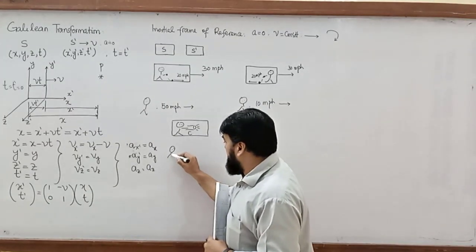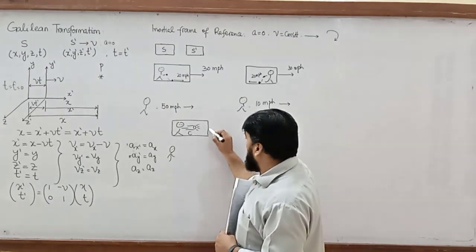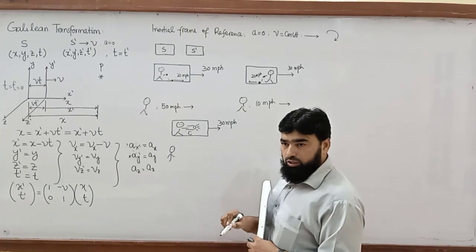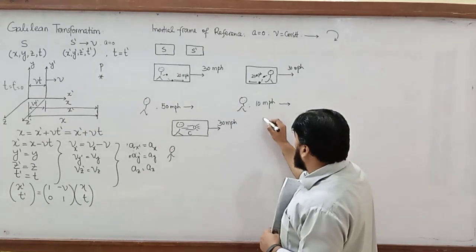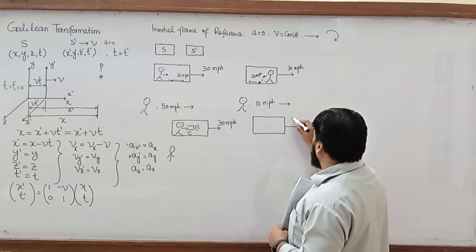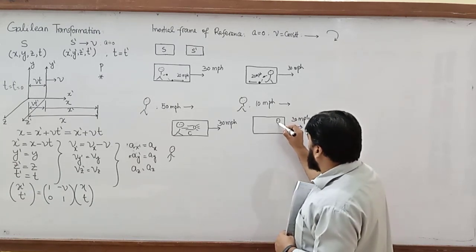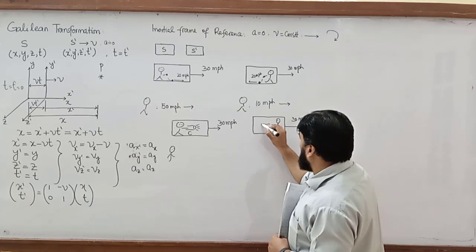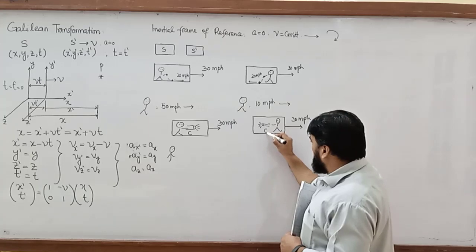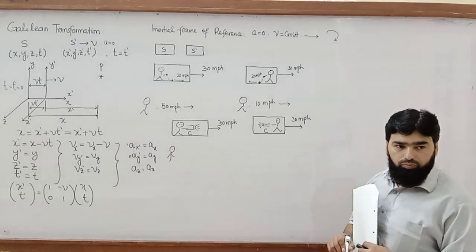What will this observer say? This frame is also moving at 30 mph. If the frame is moving at 30 mph and the observer shines light in this direction, for example, he will see that it is c in this way as well.